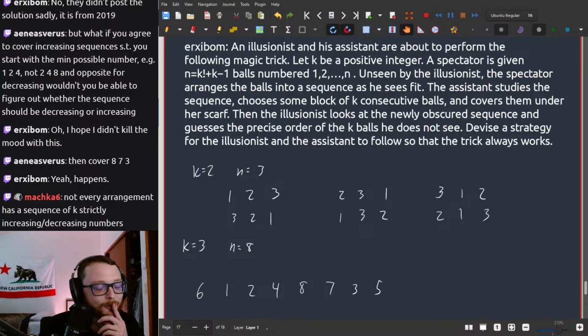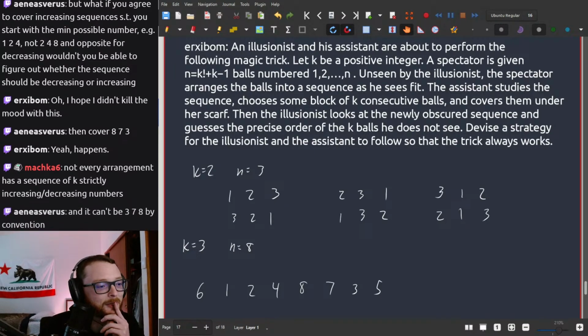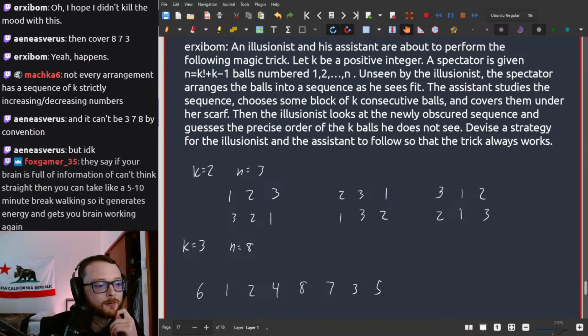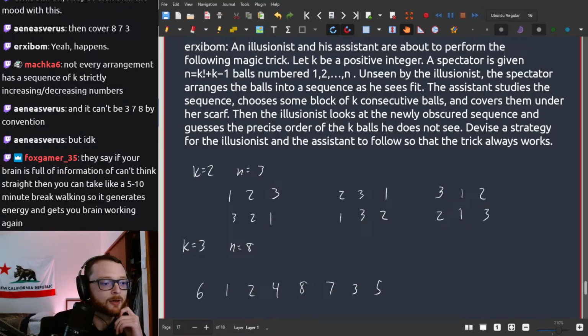Then cover 873. Okay. And it can't be 378 by convention. That would help us distinguish between the case where there's multiple possible sequences to choose, yeah. We haven't answered the entire thing, but yeah. Not every arrangement has a sequence of, yeah.